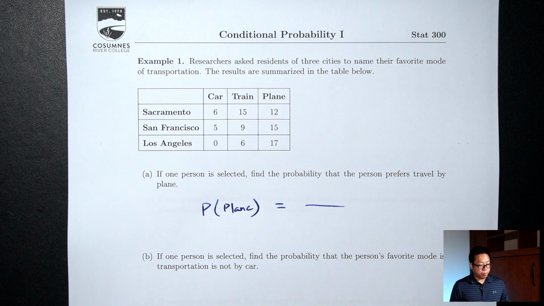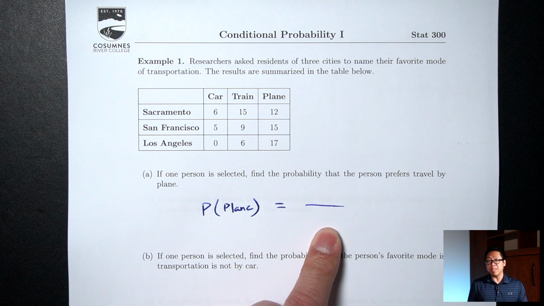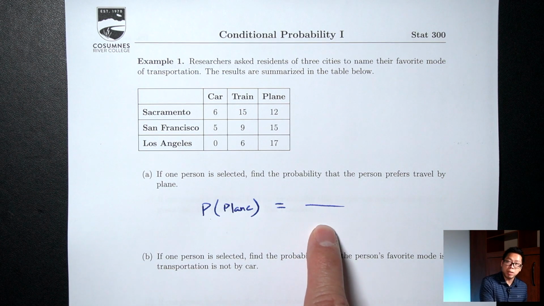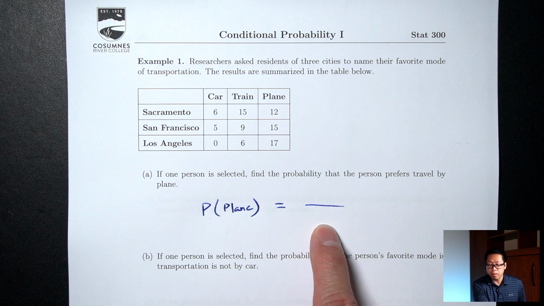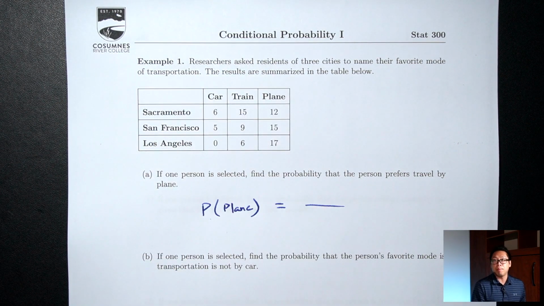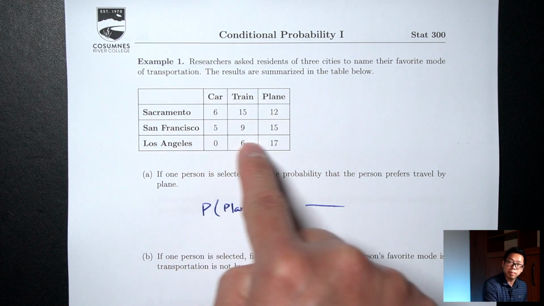Remember from last time, the bottom number is going to be the number of things in our sample space. So here we're picking a random person, so we don't know who is going to be picked. But we can talk about the sample space, which is just a list of everybody that could be picked. And what I care about for the bottom here is really just the number of people. So how many different people can I pick from? In other words, how many different people are there in my sample? And the way you find out is just add up all the frequencies.